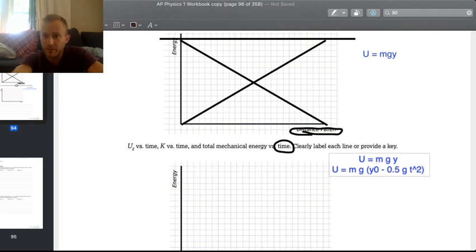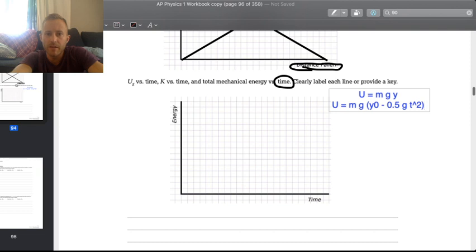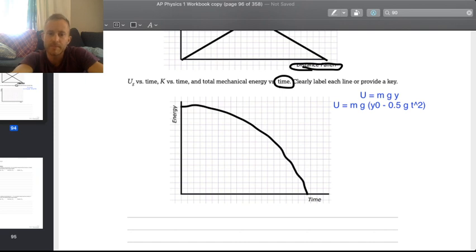So notice how as a function of time, it does not look linear. It actually looks like a quadratic that is concave down. So that means that my potential energy versus time looks like this. It's curved down.